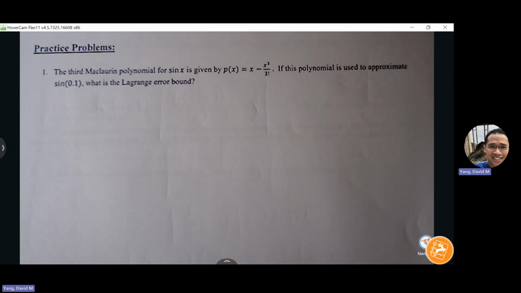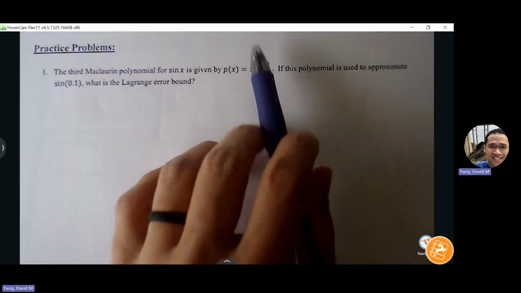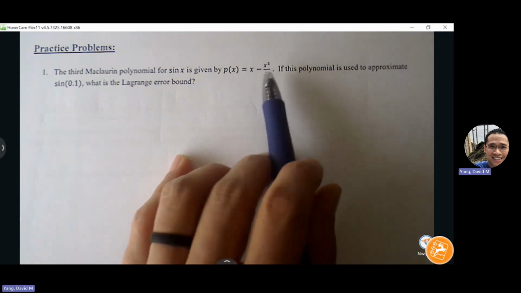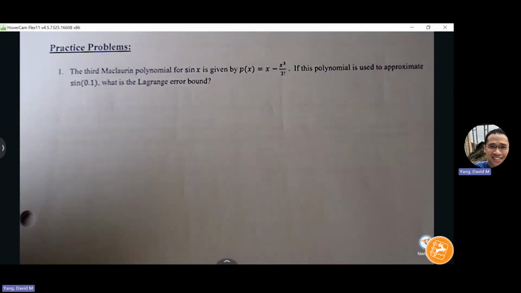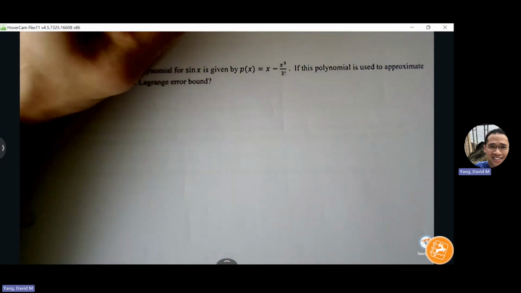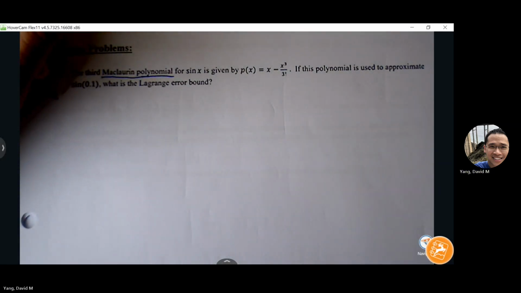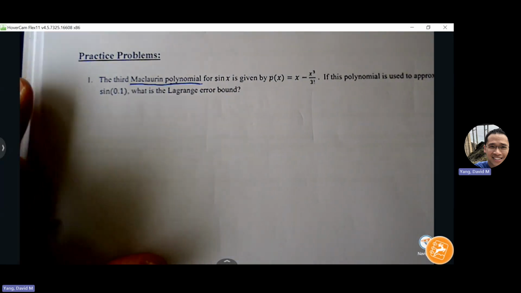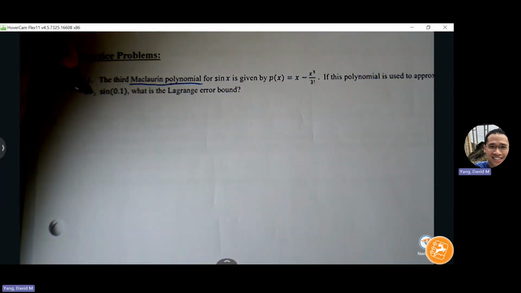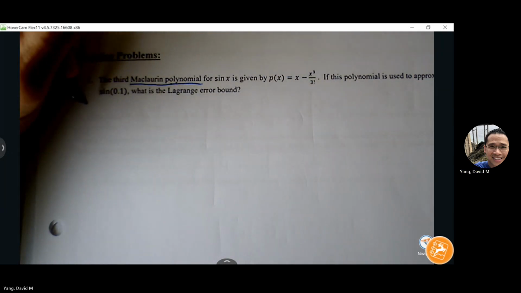All right, third degree Maclaurin polynomial for sine of x is given. So we recognize this, right? This is the Maclaurin series for sine. If this polynomial is used to approximate sine of 0.1, what is the Lagrange error bound for this? Okay, so what do we know? Maclaurin polynomial, so let's just start gathering values for the variables that we're going to need for our remainder formula.